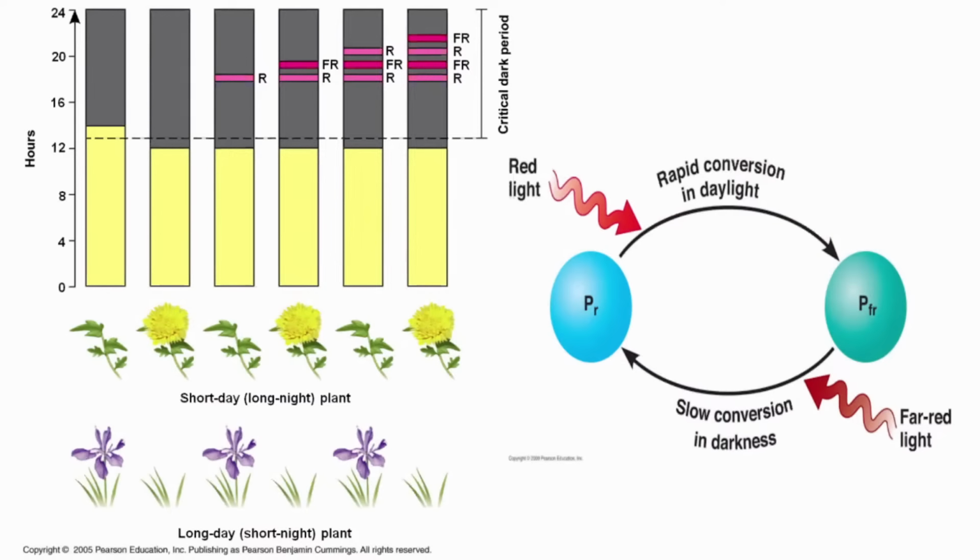Then they often ask you to talk about, well, the scientists have exposed the plant to red light for an hour during the middle of the night, and talk about what is happening there. And all you need to do is think back to this diagram and think, okay, so photochrome red has converted to far red, and then it has converted back, but because they've exposed it to an hour of light, the photochrome red once again converts to far red.